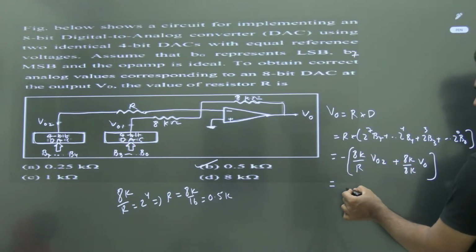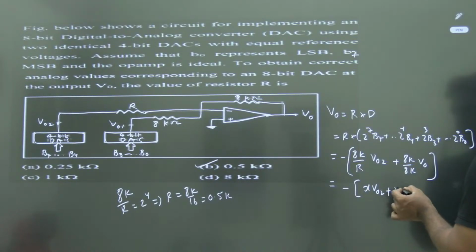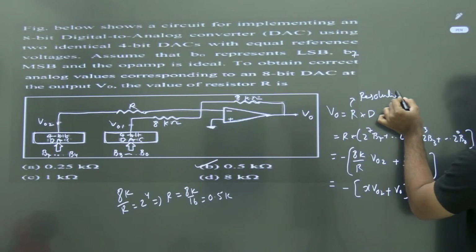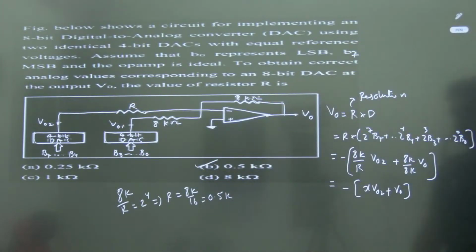So this will give you some x into V02 plus V01. Here R is resolution, because in the question also there is one R, that is resistance. Don't confuse. So this is fine so far. I am replacing this with x. My required condition is what x must be, we will see.